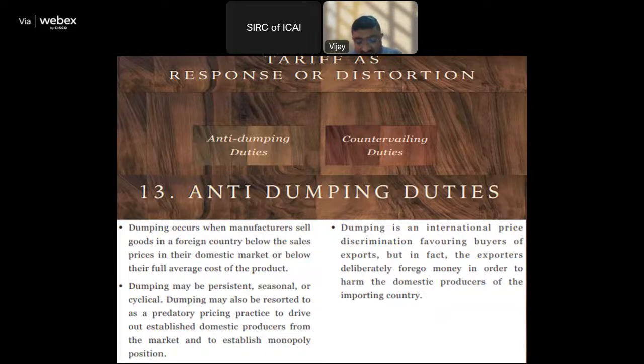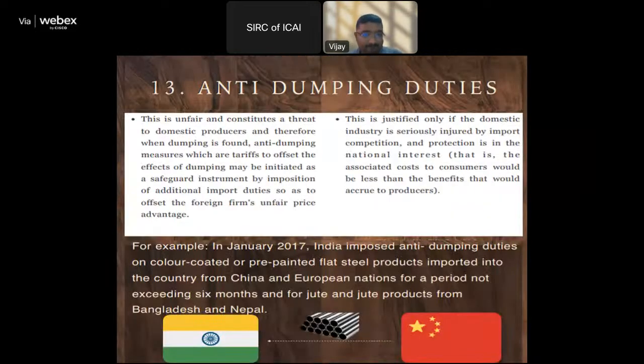When it is dumped in another nation, in that nation, supply will be more than demand, which will have adverse impact on the domestic producer. To avoid that, anti-dumping duty will be levied. Predatory pricing. They will supply the goods at a cheap price.